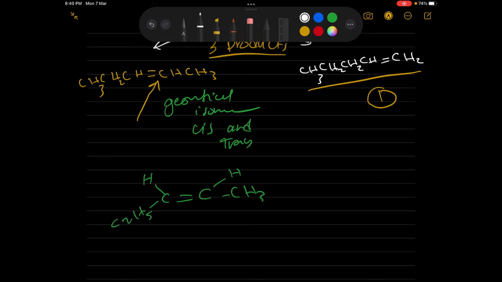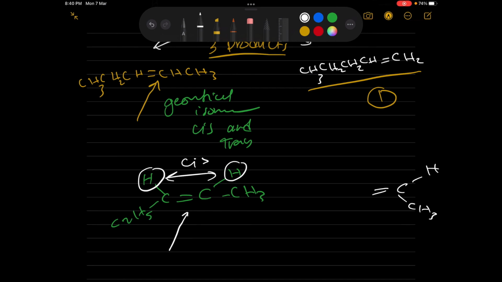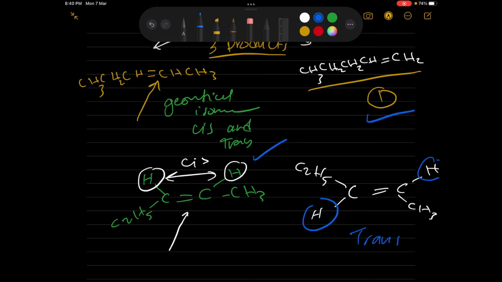Then you could draw it in this form when the hydrogens are on the same level, and this is cis, or you can draw it like this, like C, you have hydrogen here, double bond, CH3, and C, and here you have hydrogen here, and here you have C2H5. So just notice that here the hydrogens are opposite to each other, and this is trans. So you have three possible products in this case.